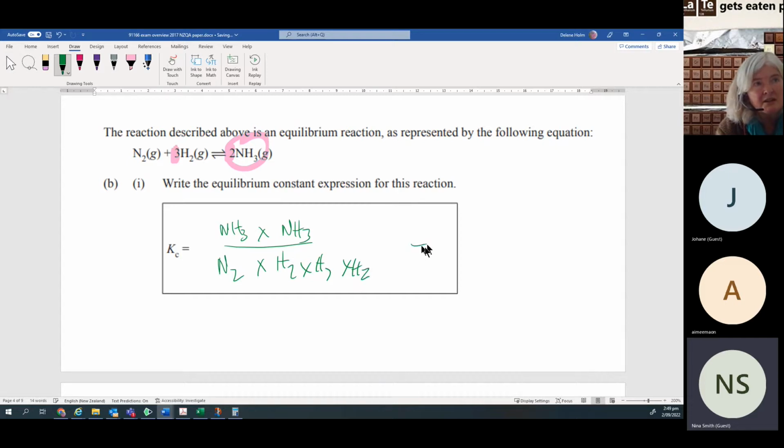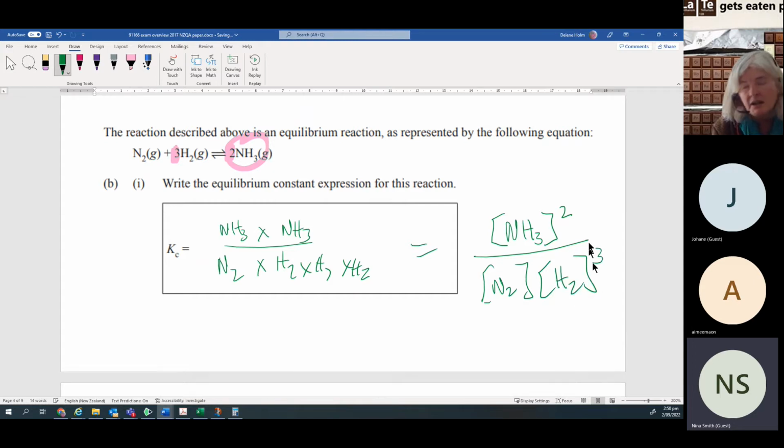That's really what I'm doing. So don't write that, I'm just explaining the background, but that's why it's NH3 squared. Now in chemistry, we use the square brackets to mean concentration of. So we do have to show the concentration of NH3, that's raised to 2, and then it's N2 and H2. And I think though that most people know that sort of thing.